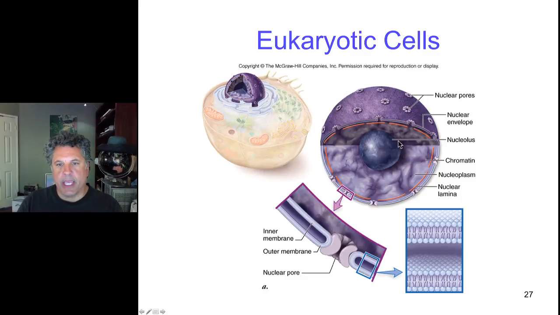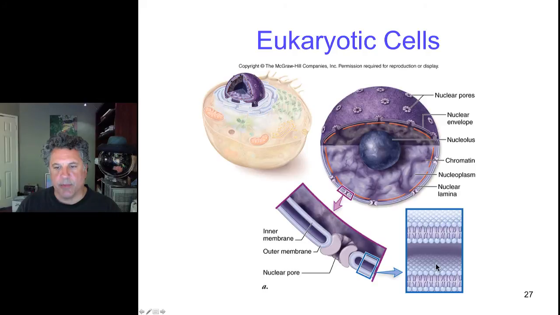And inside the nucleus is a structure called the nucleolus, which contains the genes that encode ribosomal components, like ribosomal RNA. So there's quite a bit of nuclear organization that occurs. Here's a detail of the nuclear pore, and you can see the outer and inner membrane, the double membrane system of the nuclear envelope.